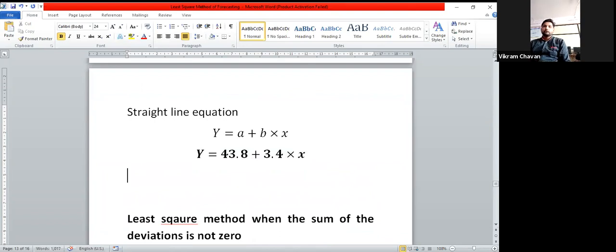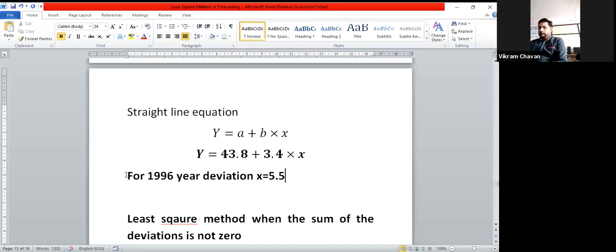So I will consider for the year 1996, deviation x is equal to 5.5, right?